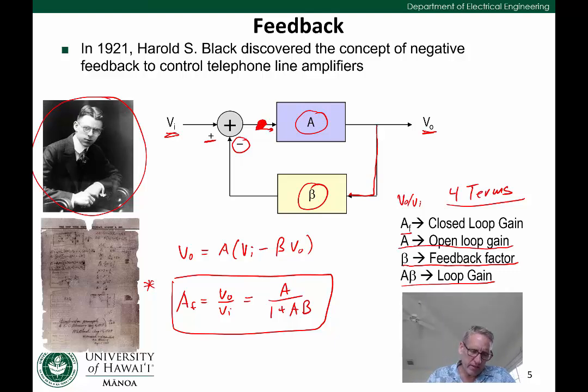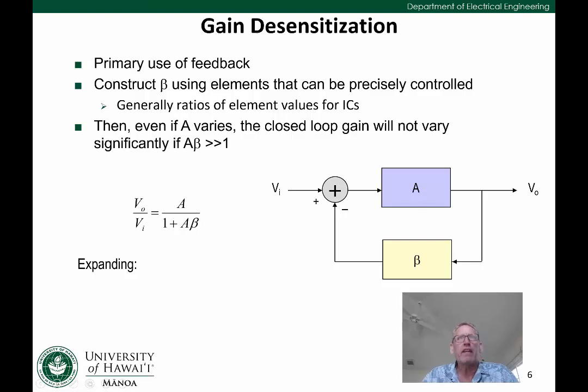Okay, so moving on to how the gain would get desensitized, one of the primary advantages of feedback, particularly negative feedback. As we just showed on the previous page, V out over VI, or AF, as the book refers to it, is A over 1 plus A times beta.